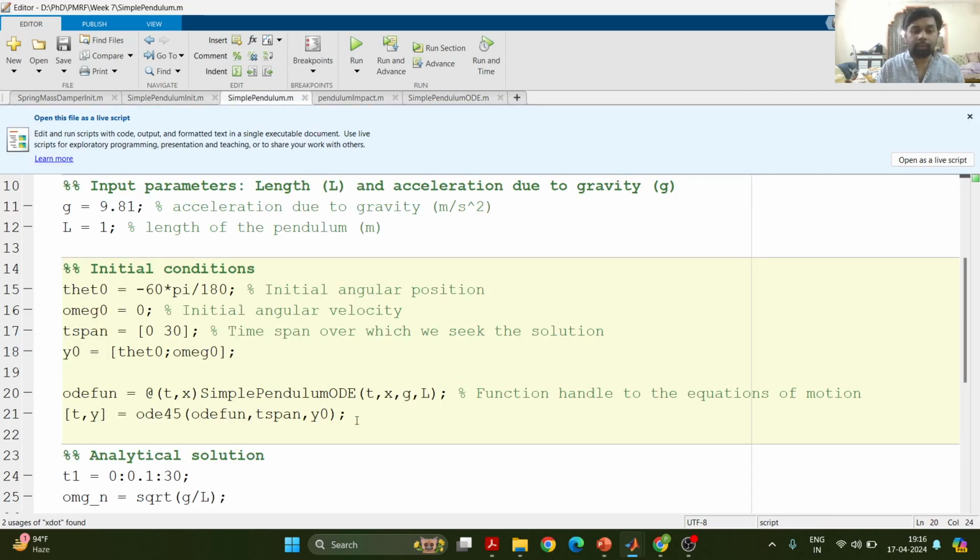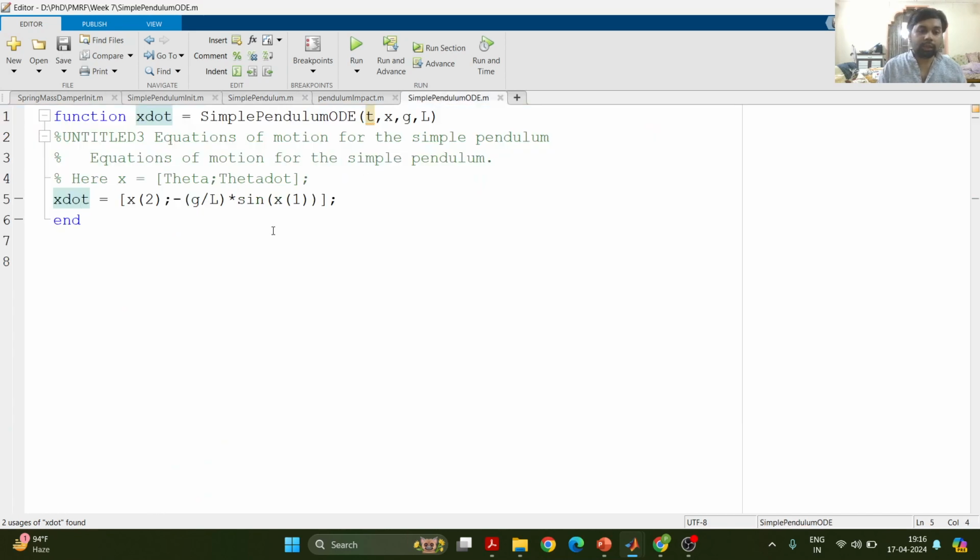Now, we could define the parameters g and l inside this function itself. But let us say we want to retain the same function and everything, but change the length of the pendulum and see what happens. Then every time we would have to go inside this function and change the length.